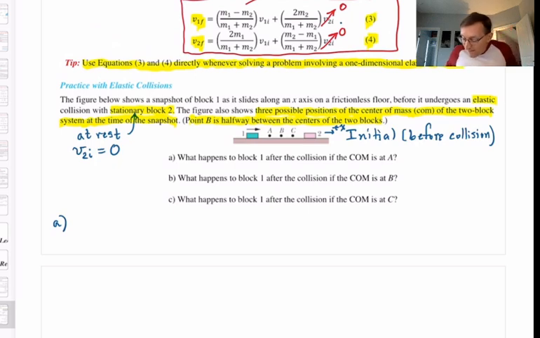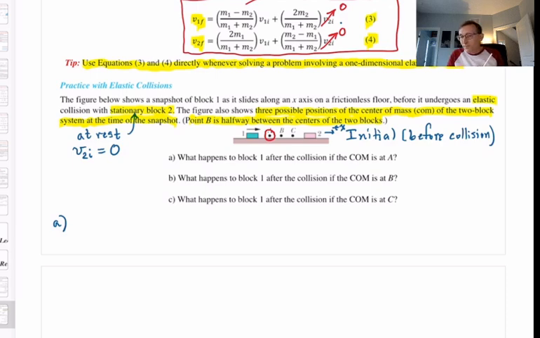And apparently, when we took the snapshot, the center of mass of the 2-block system is at the point labeled A. And remember, the point labeled B is exactly midway between the blocks. That means the point labeled A is closer to block 1 than it is to block 2. That tells you something. That's a clue. It tells you something about the relative masses of the blocks.